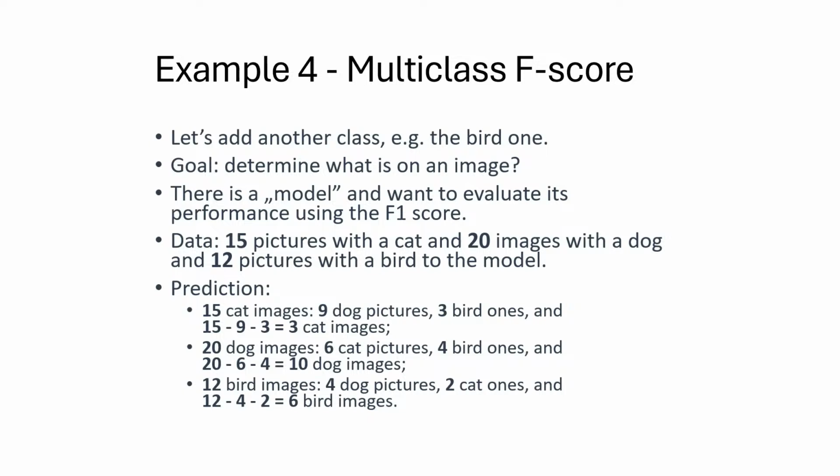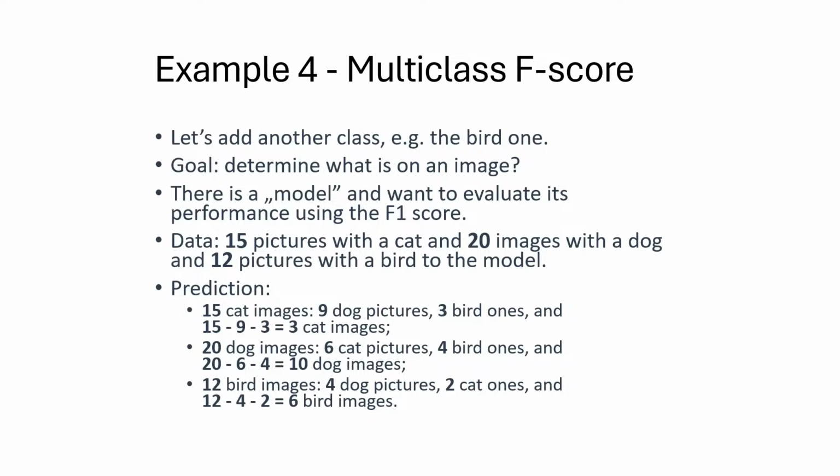From the 15 cat images, the model predicts 9 as dogs and 3 as birds. So only 3 remaining are recognized correctly as a cat. Only 3 from 15 are recognized correctly.